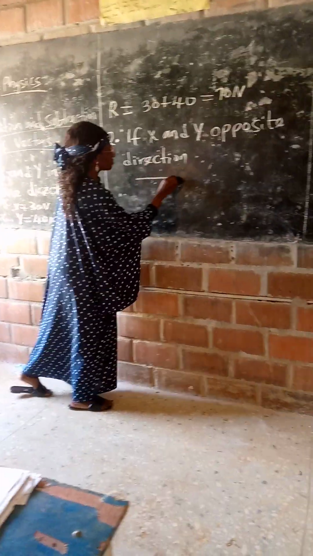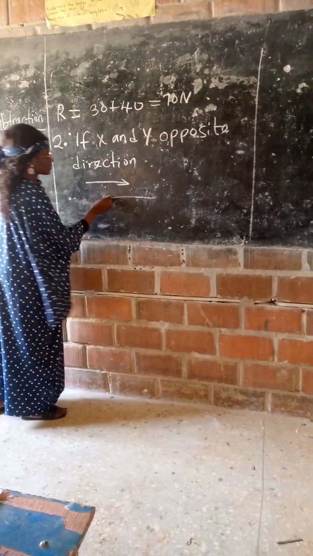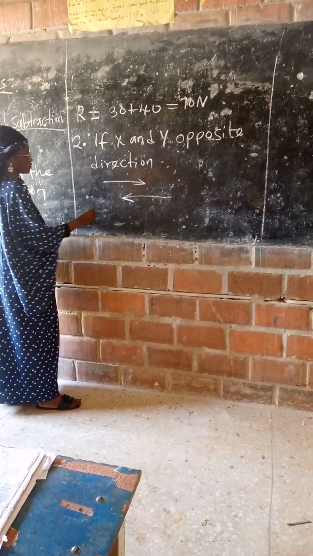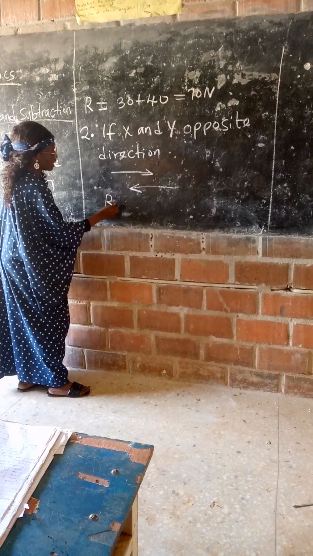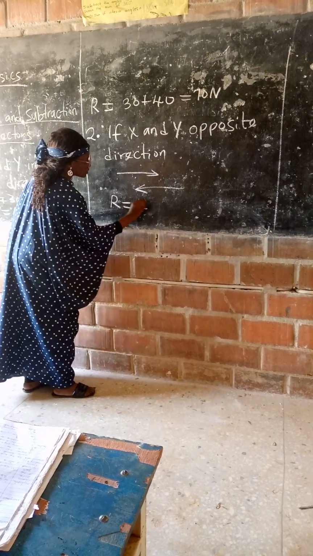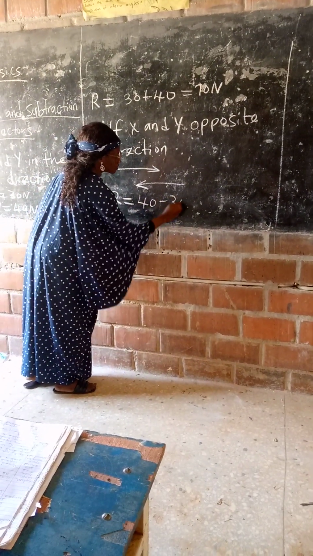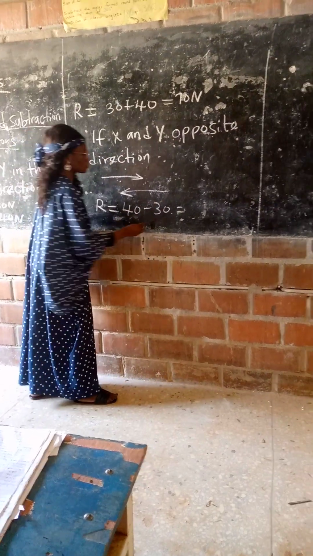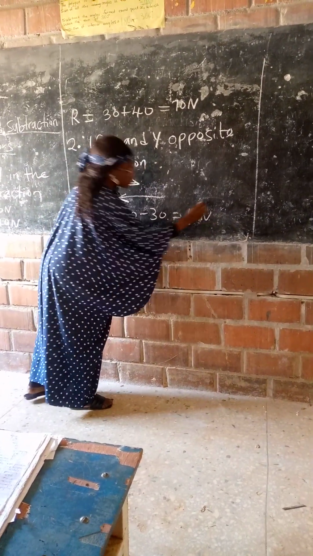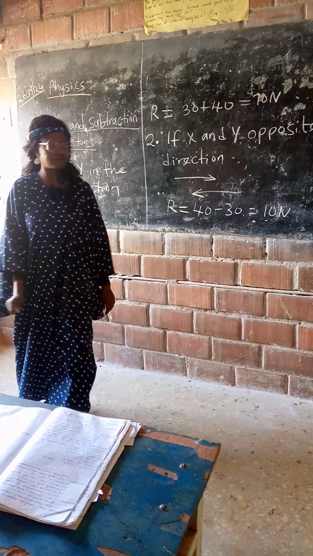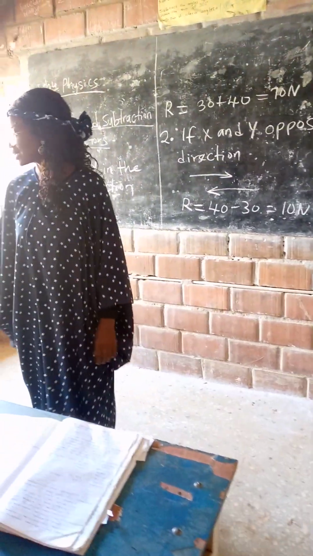So x is moving in this direction and y is moving in this direction. Therefore the resultant is R equal to 40 minus 30. So the resultant will be equal to 10 Newton.